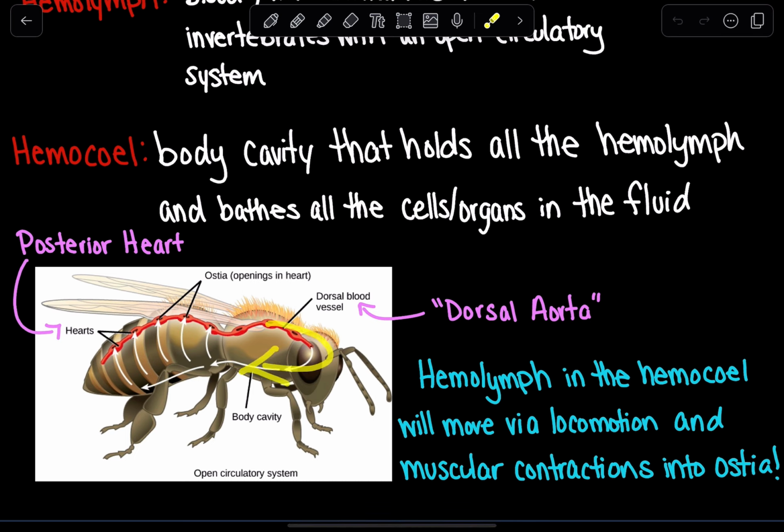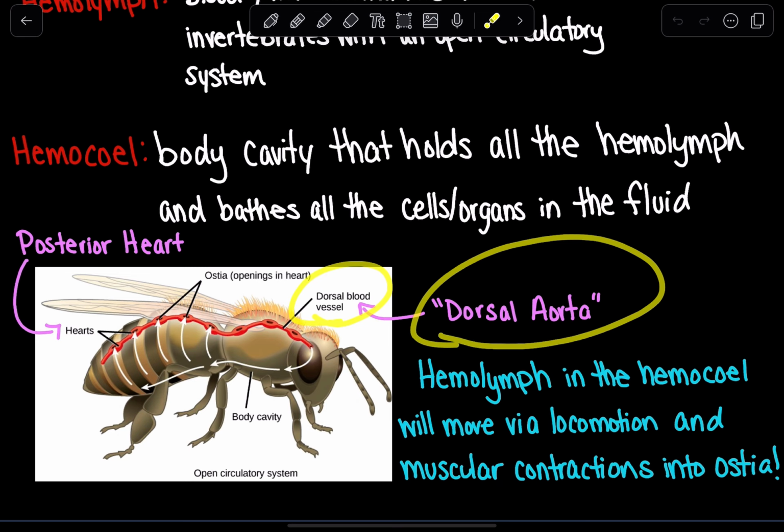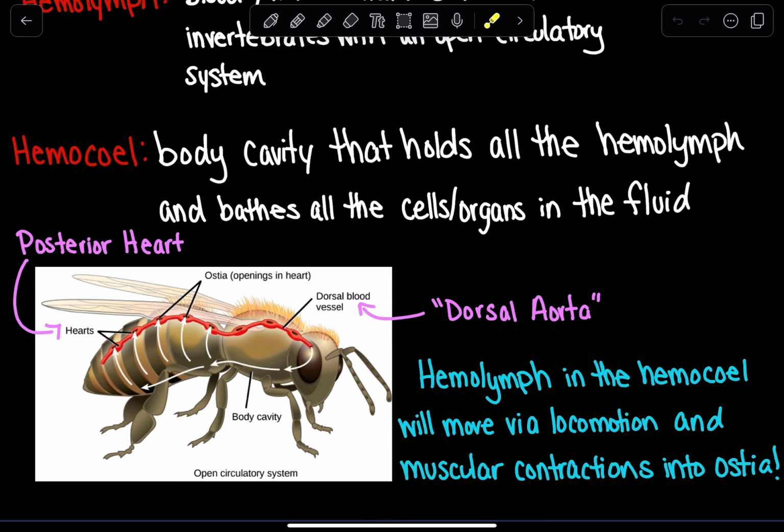It's pumped out through this dorsal blood vessel, which we can compare to an aorta. In humans, we have an aorta that pumps oxygenated blood all throughout the body. And in this case, our dorsal blood vessel is kind of like a dorsal aorta. Now, at the end, we have a posterior heart. So we have these tubular hearts pumping blood all the way through, and then we're in the hemocoel.